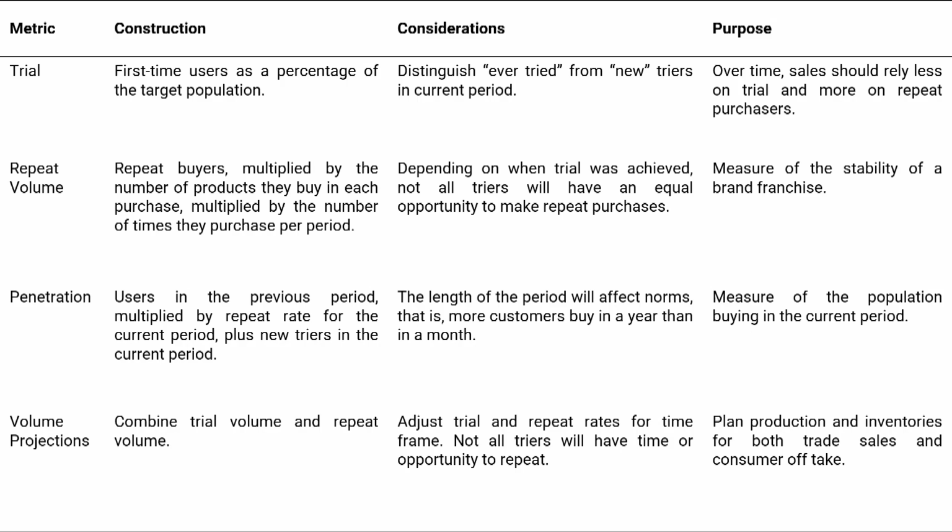As we know, the persons will be either from the new customers category or from the repeat customers category. The considerations are, the length of the period will affect the norms. That is, more customers buy in a year than in a month. And the purpose of this metric is that it measures the population buying in that given period of time. We will be able to understand how many persons are making purchases.